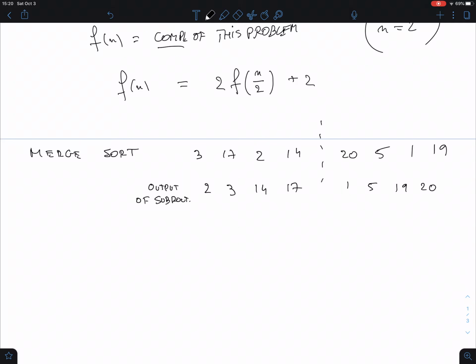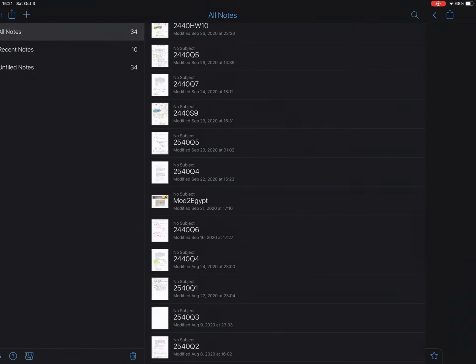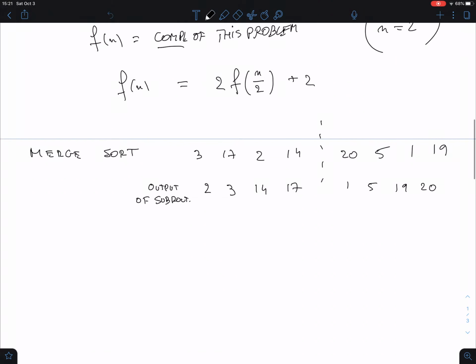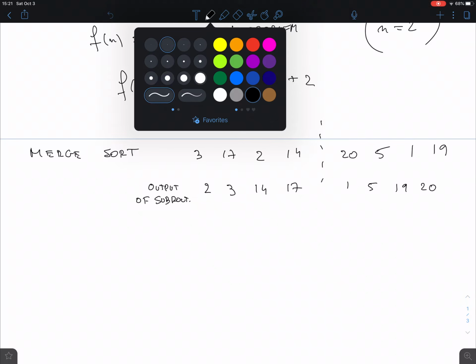Let's do this here. I use a different color. Okay, where's my color not coming up? Sometimes when this happens, I have to go in and out. Okay. So let's do it in green.